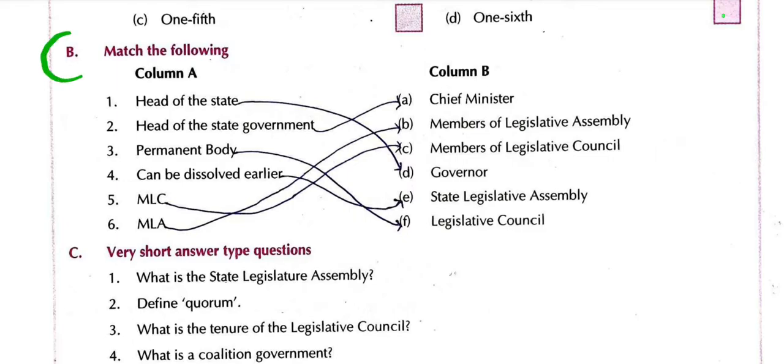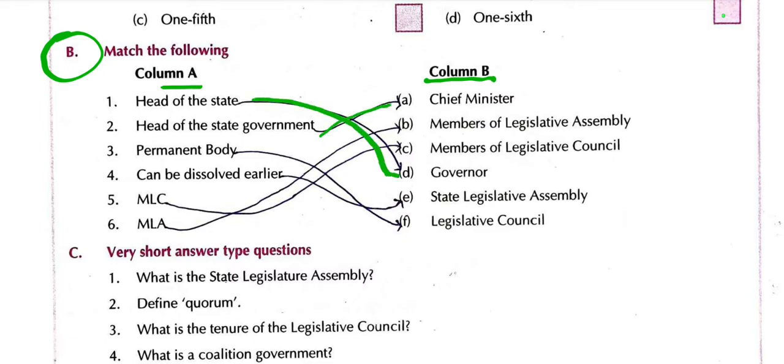The next is, match the following, column A and column B. We just match from column A to B. Okay, so head of the state? Governor.